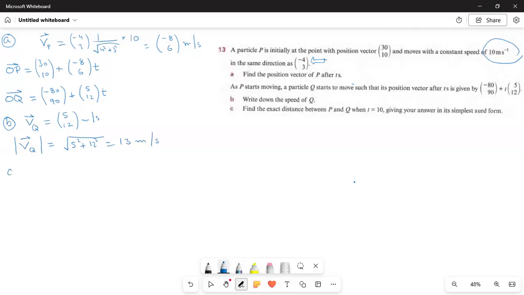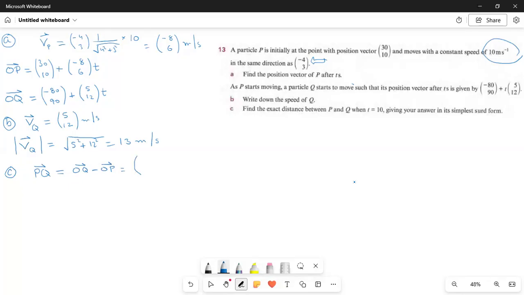Okay, and finally part C, it says find the exact distance between P and Q. So the distance between P and Q will be given by the PQ vector, and this is the position vector of Q with respect to P, I can say. So this is OQ minus OP. So what is OQ?